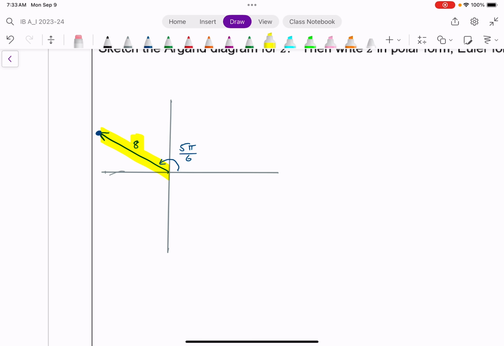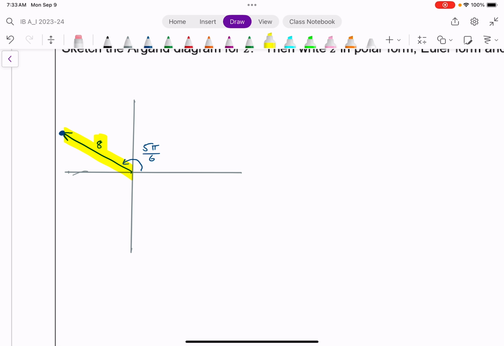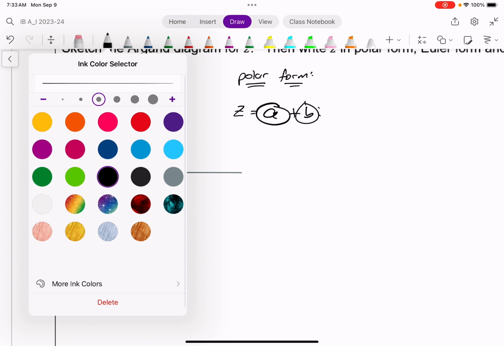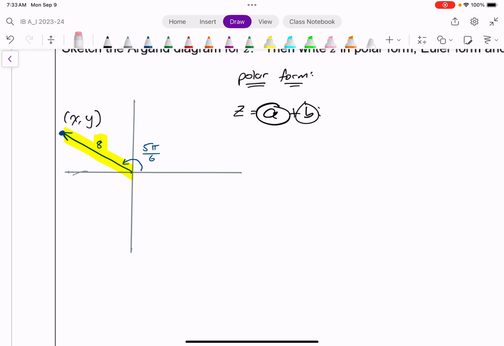All right, so in polar form, which is one of the new ways of expressing a complex number, we can say z will equal, usually we'd start with a plus bi, where a is the x coordinate of this point here, and b being the y coordinate. Well, as was briefly mentioned earlier, that a is the same as 8 times the cosine of 5 pi over 6.